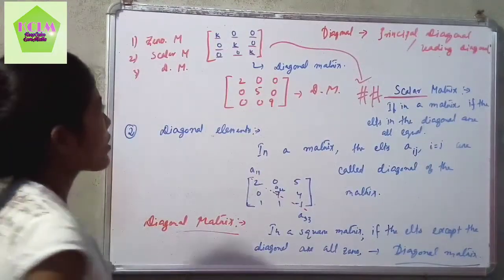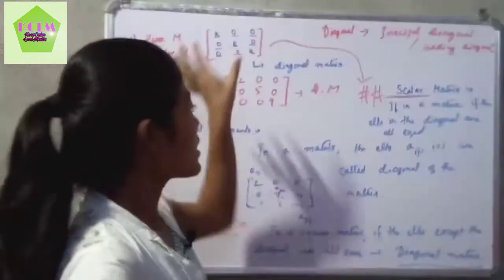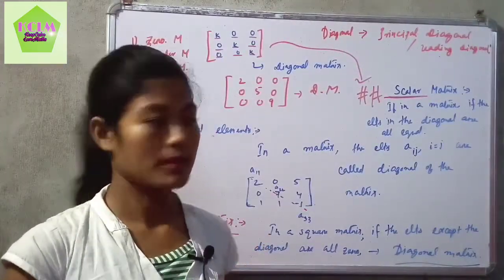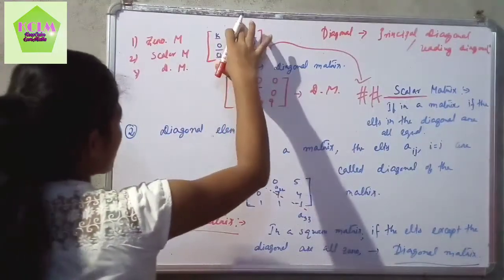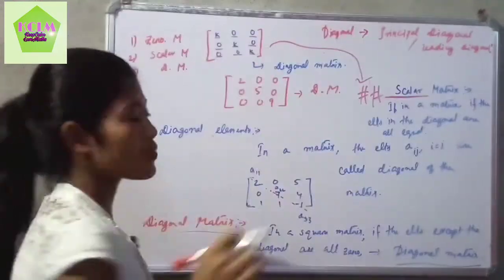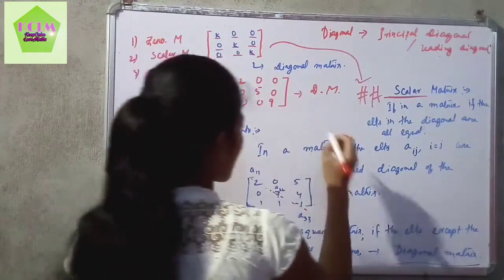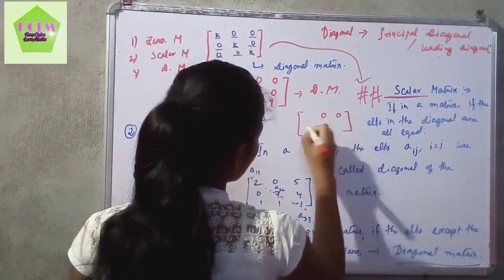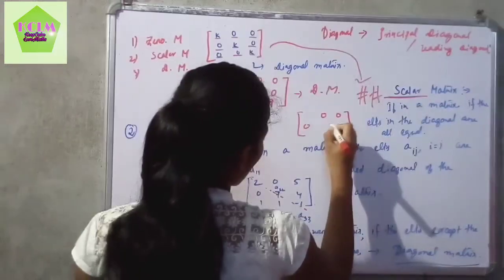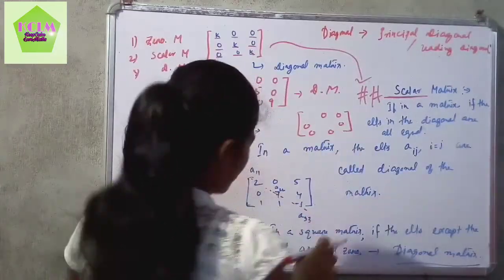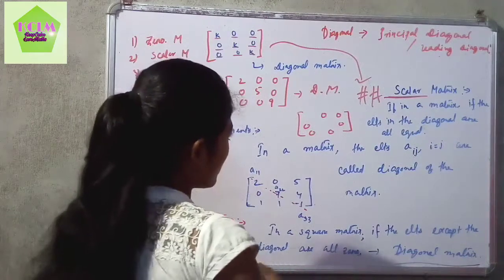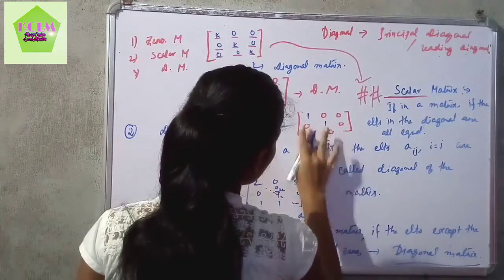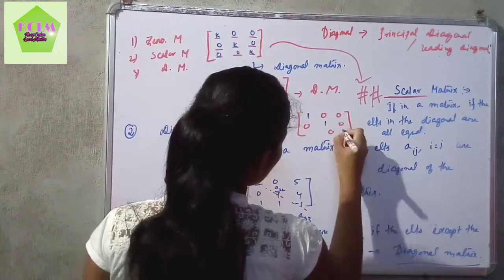Now, whenever the diagonal elements are one only, then this matrix is called identity matrix. So in this matrix, whenever k is equal to 1, that means the matrix in the form, I am writing here 1 1 1.